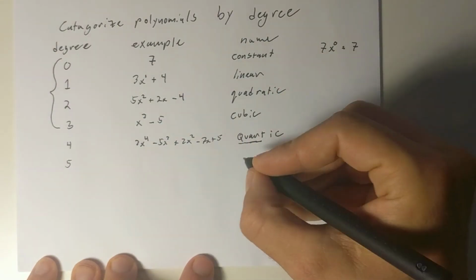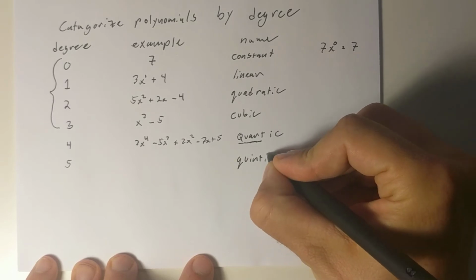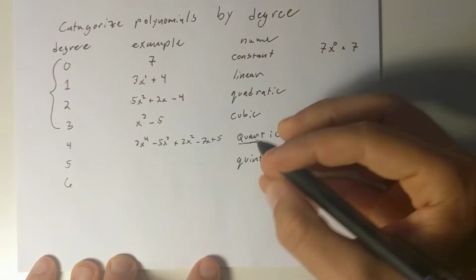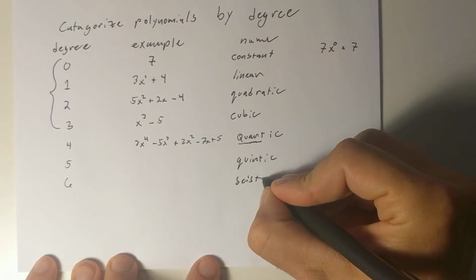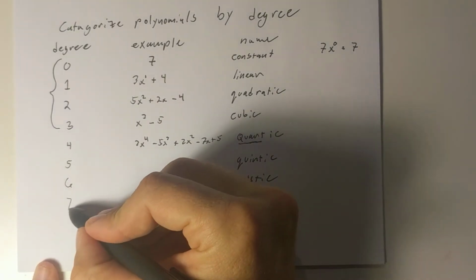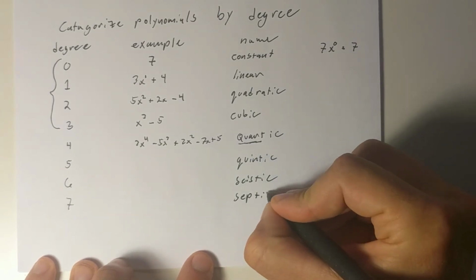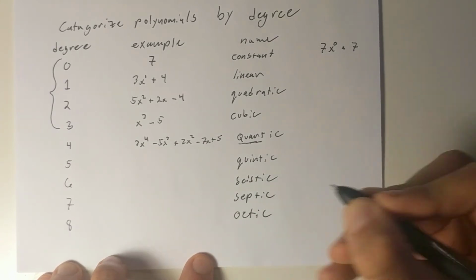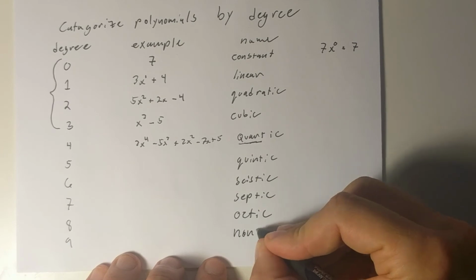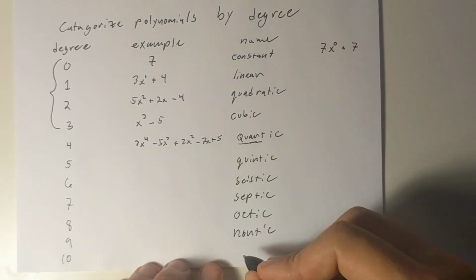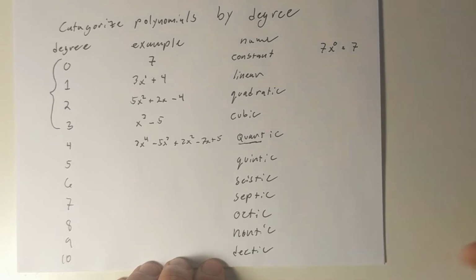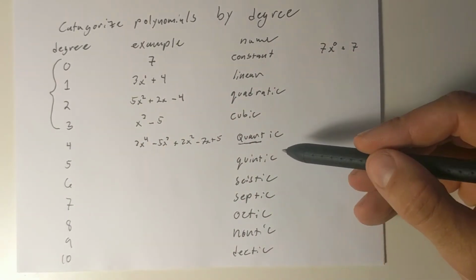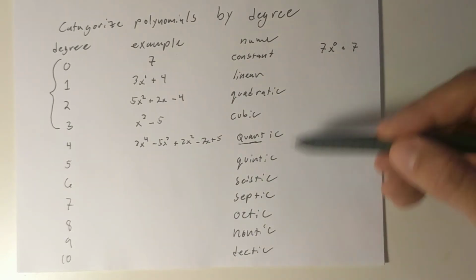Fifth degree polynomial is actually called a quintic. 6 is a sestic. 7 is a septic. 8 is an octic. 9 nontic. 10 destic, I think. I'm pretty sure that's right. And then after that, it doesn't really matter. In fact, it actually doesn't really matter after 3. So you will never see any of these again, but they're just kind of a fun little word.